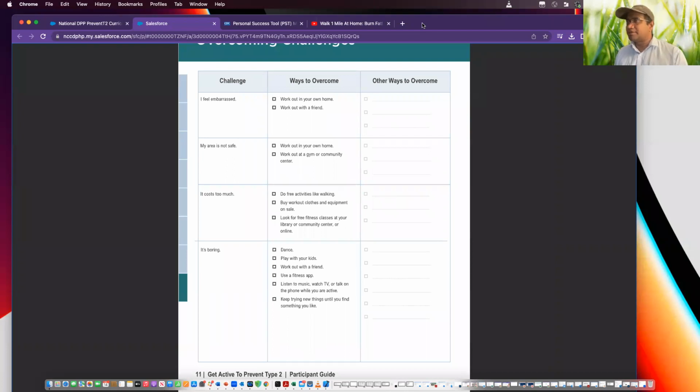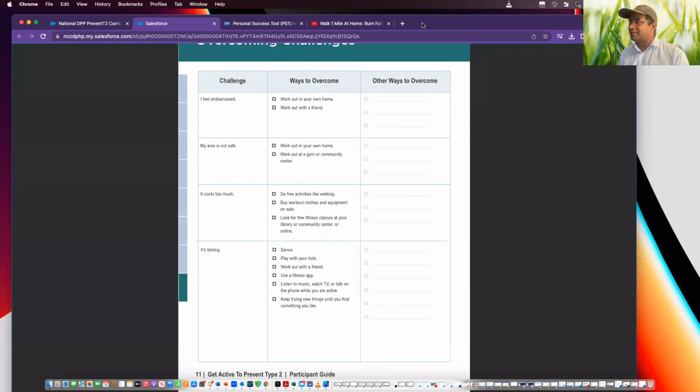Cost too much. So just do free activities like walking. If you have a TV with some internet, you can watch some videos. You can buy workout clothes and equipment on sale because there are a lot of thrift stores that sell a lot of things for a much lower cost.